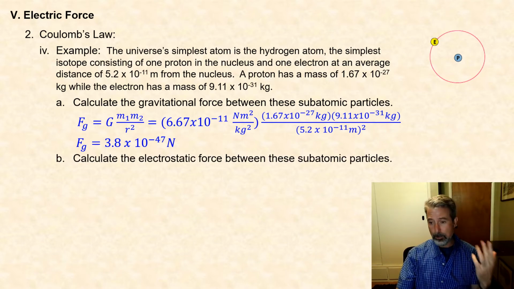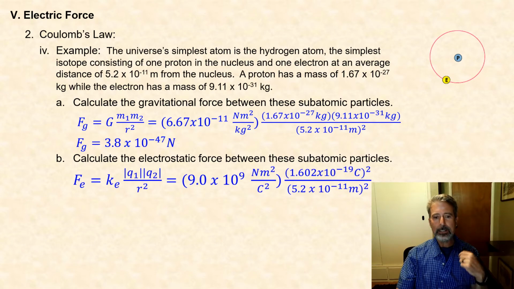Now, in part B of this problem, we're going to use Coulomb's law to calculate the electrostatic force between these subatomic particles. We have all the information we need. According to Coulomb's law, we need to multiply the Coulomb constant times the charge of each of these subatomic particles. Remember that the charge of the electron is what we call the fundamental unit of charge.